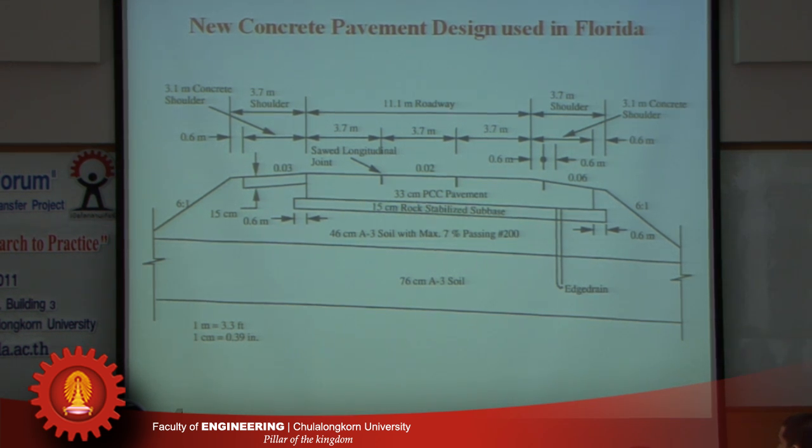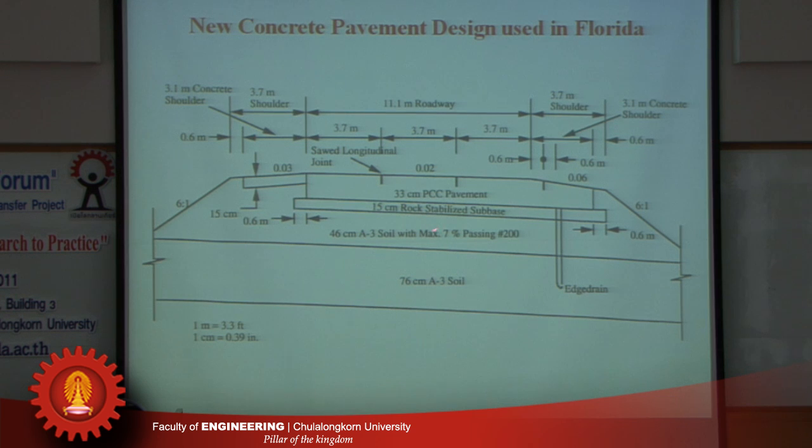And now this emphasis on drainage, this edge drain. I'm going to show a picture of an edge drain. And the material used is a drainable material. This soil with maximum amount allowable material passing the 200 sieve. And in order to put the concrete paver on it, this subbase needs to be strong enough.